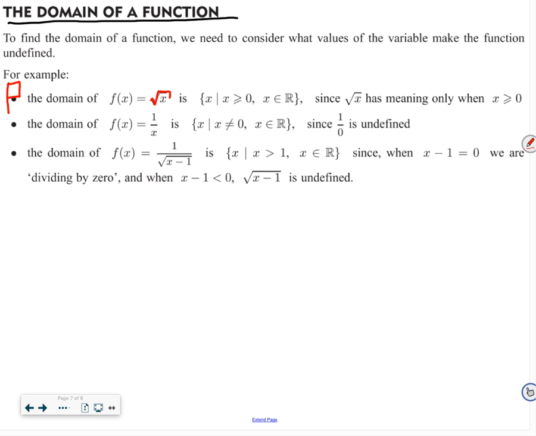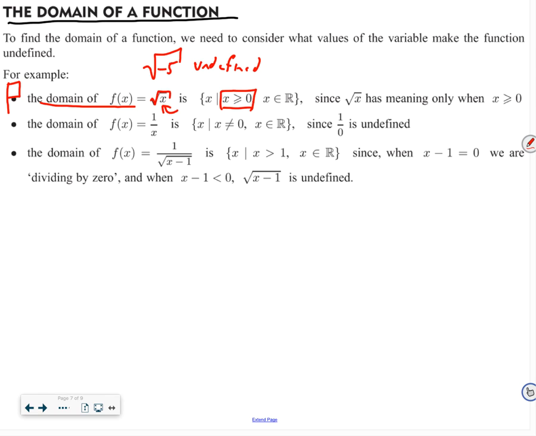So the domain of f of x needs to make sure that this value x has to be greater than 0, because if I try to do the square root of negative 5, it's undefined. So my domain, what are my possible x values? Well, my x has to be greater than or equal to 0.